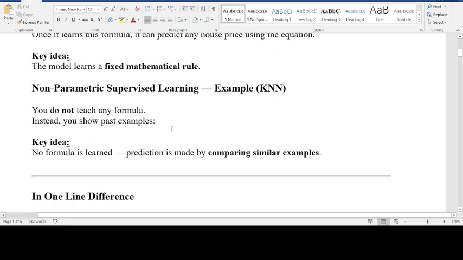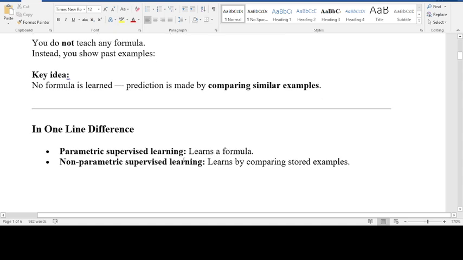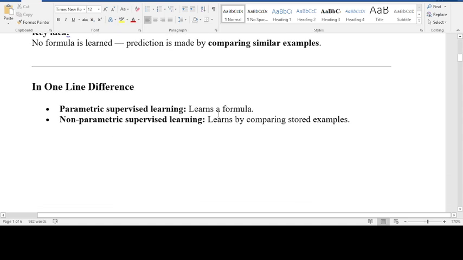What is a non-parametric? It means you are not teaching your machine learning model using any formulas. Instead, you are showing the past examples. Now come below. What is a non-parametric? It means no formula is learned. Prediction is made by comparing similar examples. Parametric means there will be a formula. Non-parametric means we are not using any formula. That is the main difference.